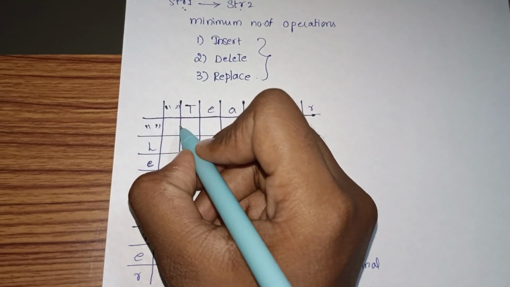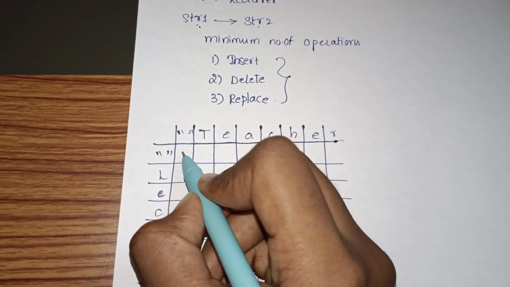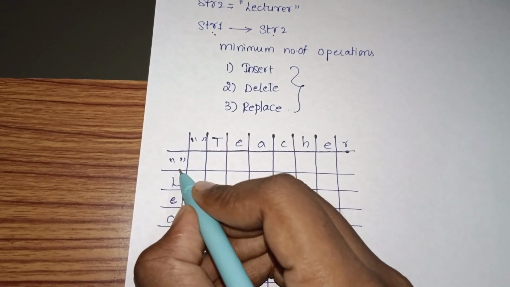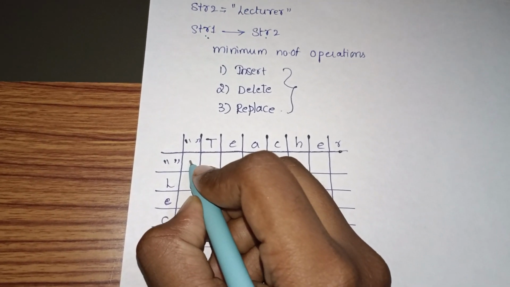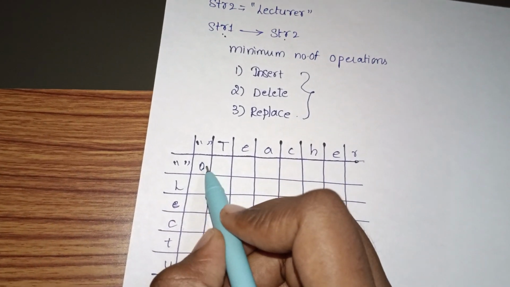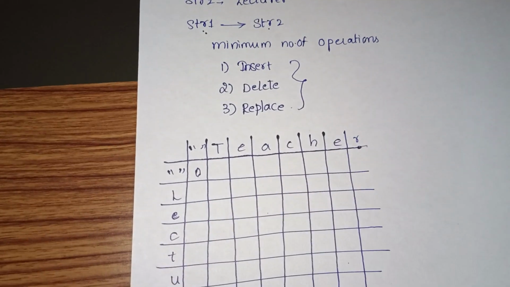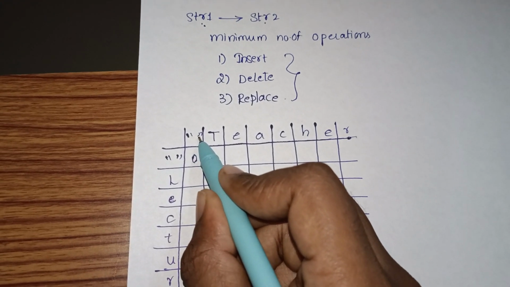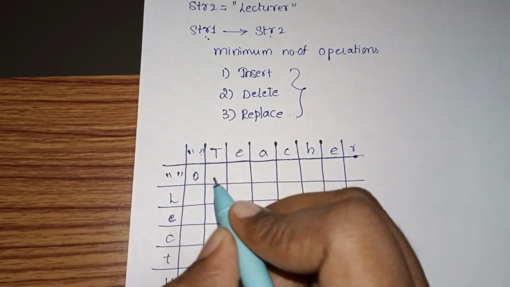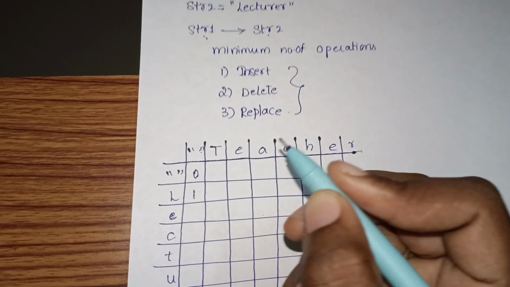Here it will take 0 operations, that means no operations, to convert an empty string into an empty string. So we will fill this cell with 0. It will take one operation, that means one insertion, to convert an empty string into L. So we will fill this cell with 1.